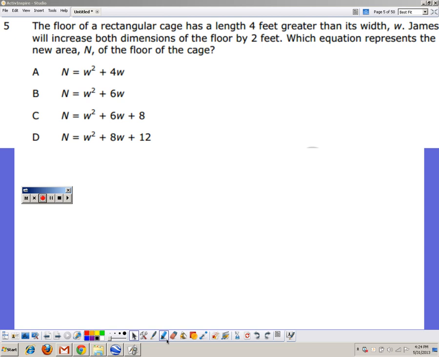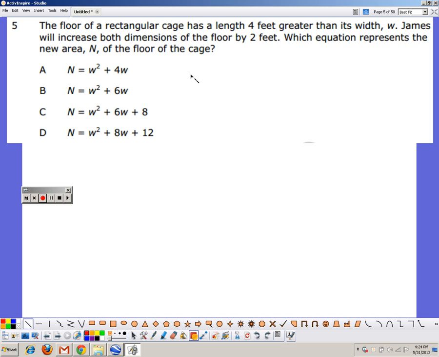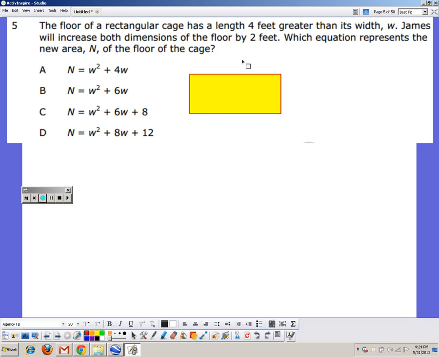Number 5 is about a rectangle cage. So I'm going to go ahead and draw a rectangle. And they tell you that the original one, that the floor has a length 4 feet greater than its width of W. So I'm going to call my length W plus 4, because it's 4 feet greater than my width, which I'm just going to call W. Okay?